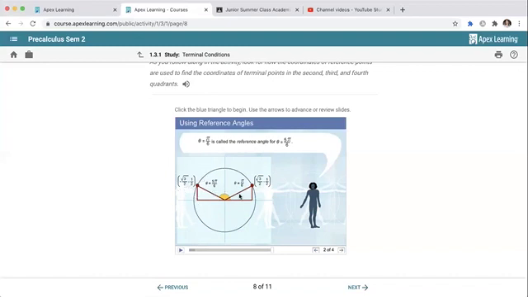So what we can say is that pi over 6 is a reference point for this angle of 5 pi over 6. And the easiest way that I remember it, look at the denominators. They're the same, pi over 6, 5 pi over 6. As long as 5 pi over 6 is in its simplest form, its reference point is going to be pi over 6.